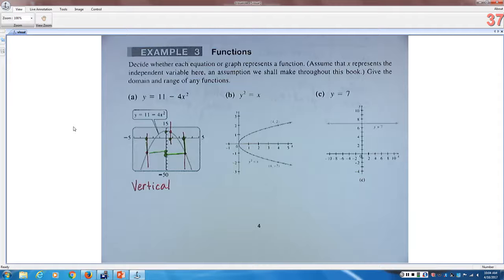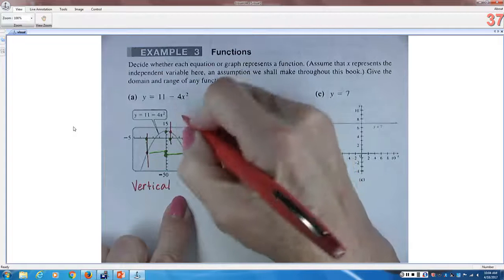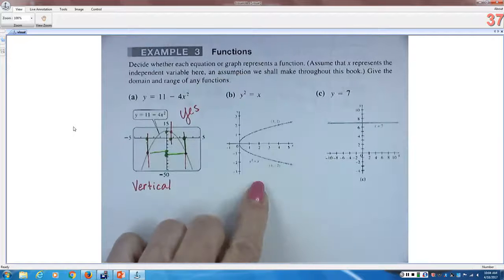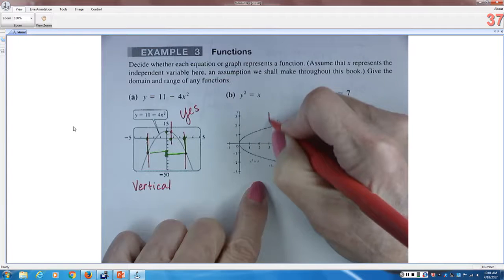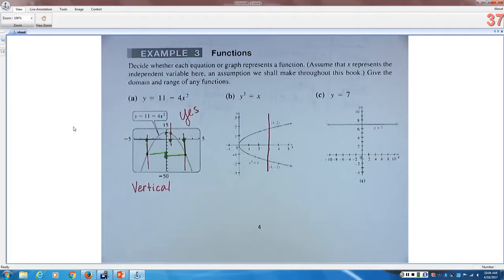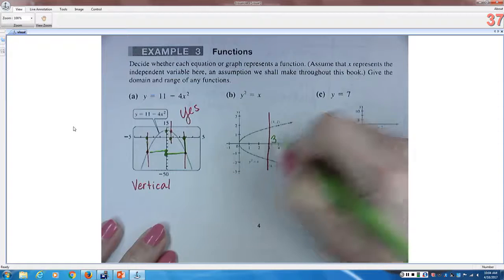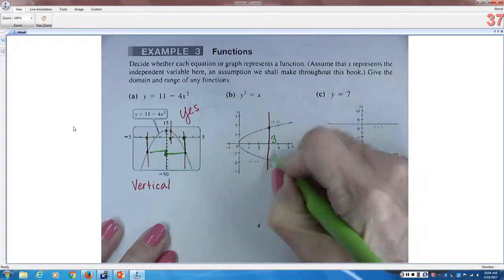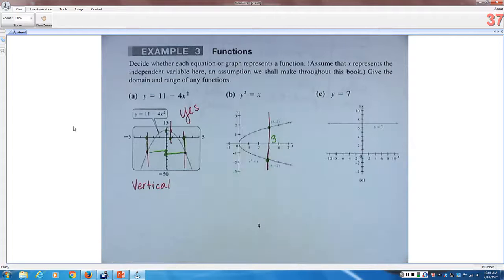So if I were to ask you to explain why this is or isn't a function, you can't just tell me because the vertical line test says so. You have to tell me how you know the vertical line tells you that it is or isn't a function. So this first one is a function. This second one is not, because the second one shows you that for the x value 3, I get 2 different y values.